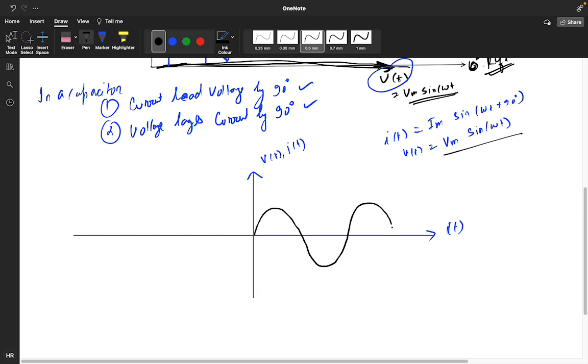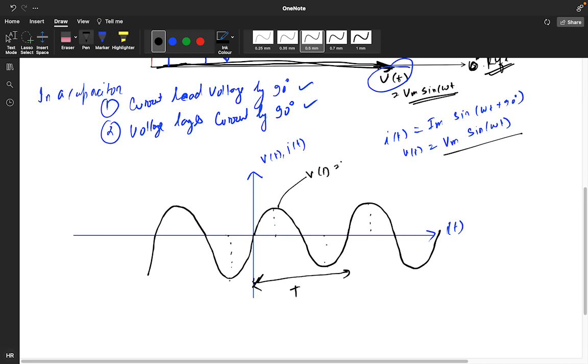This particular point is your 90 degree, and this you are taking as the time period, capital T. This belongs to your V of t curve, V of t equals Vm sin omega t.